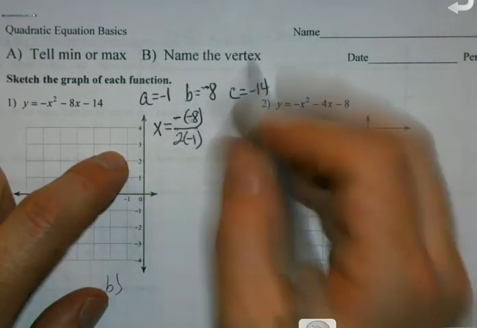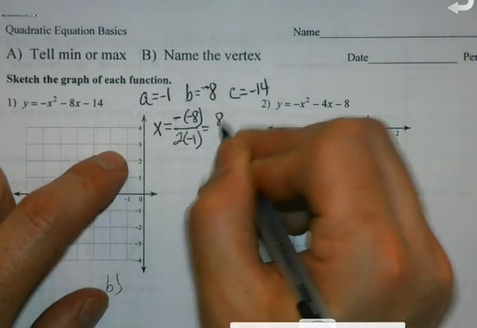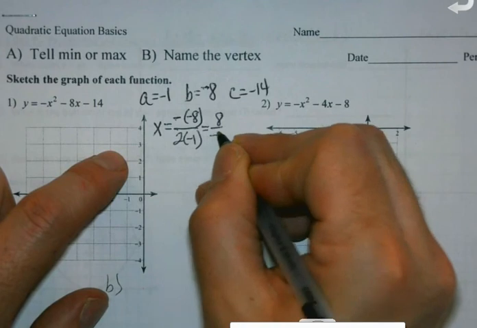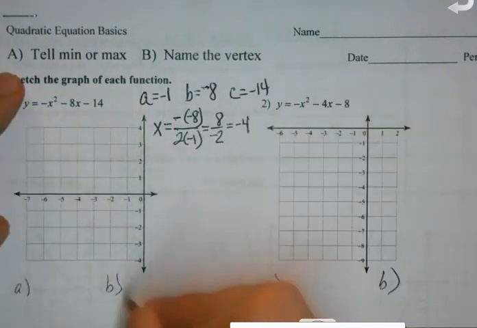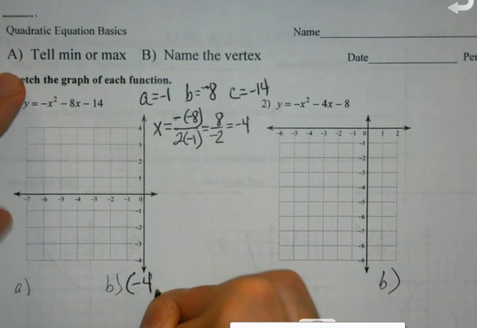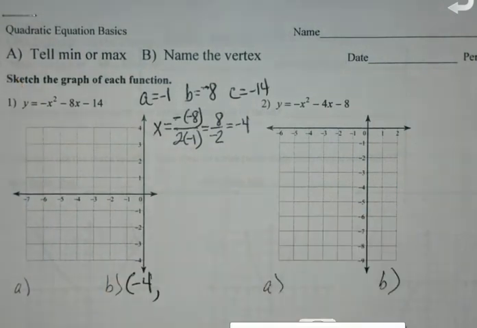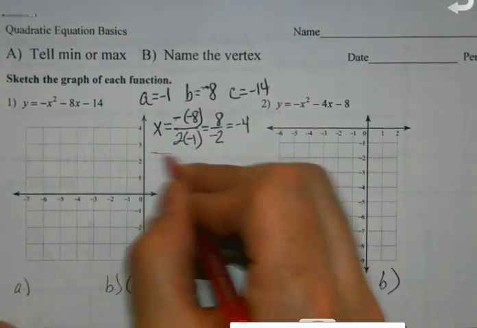So the opposite of negative 8 would be 8. Yep, you can just put 8. So name the vertex. Okay, so we've got negative 4 for my x, just like I've been doing, nothing different.